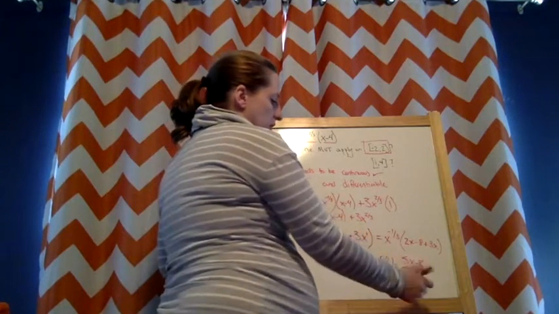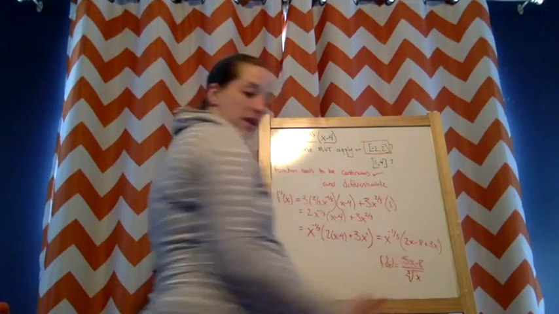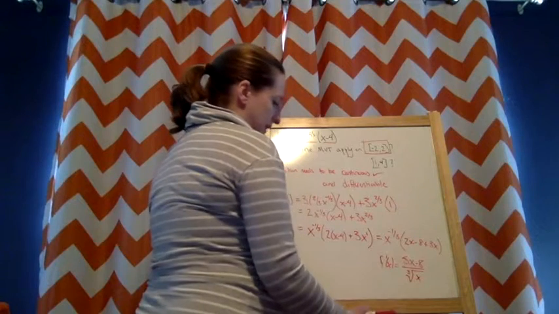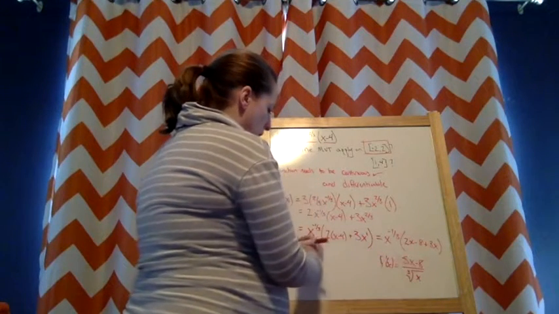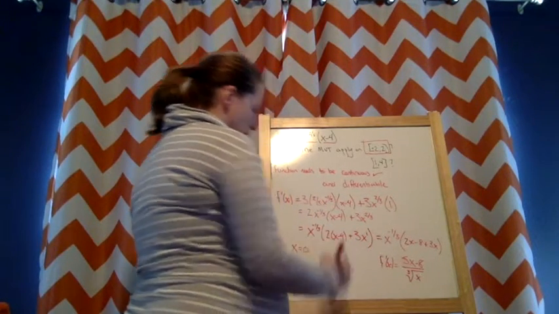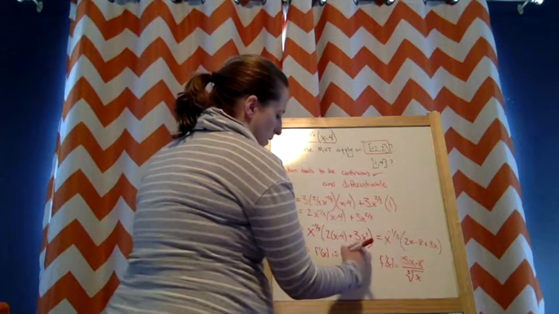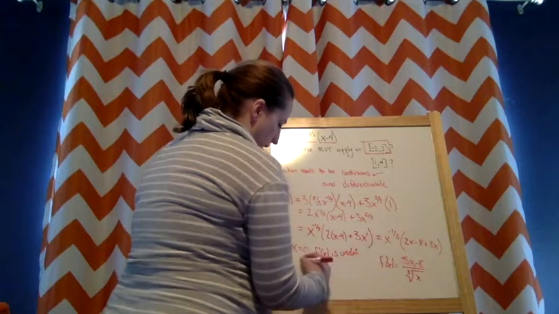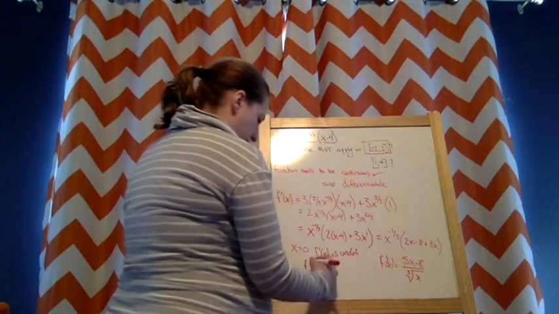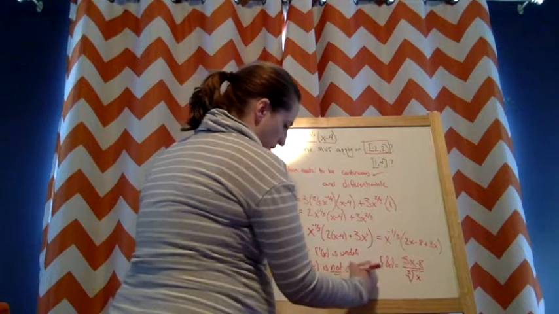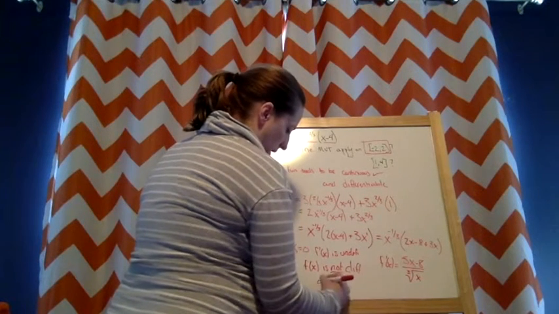In particular, our derivative is going to be undefined when our denominator equals 0, and our denominator equals 0 when x is 0. So when x is 0, our derivative is undefined, meaning f of x is not differentiable at x equals 0.